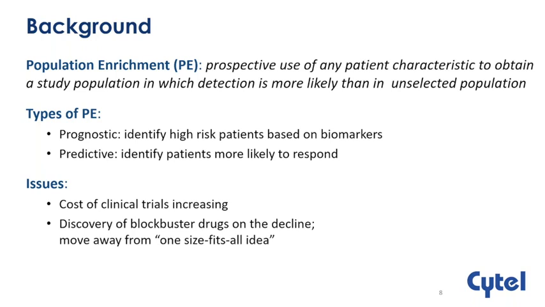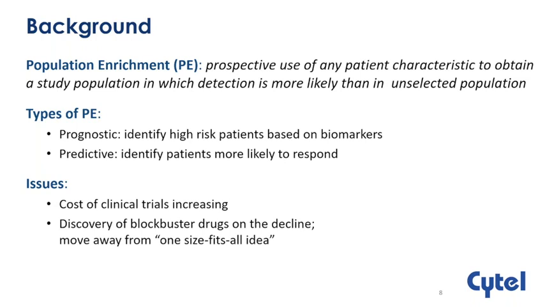These are prognostic factors. These are when we have different biomarkers that help us identify high-risk subjects, or whenever we have a case where a certain kind of patients is more likely to respond to a particular treatment, which is the case of predictive population enrichment. And this is pretty much what we're going to be dealing with today.